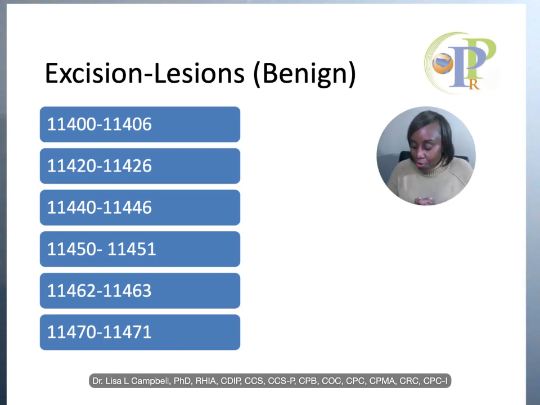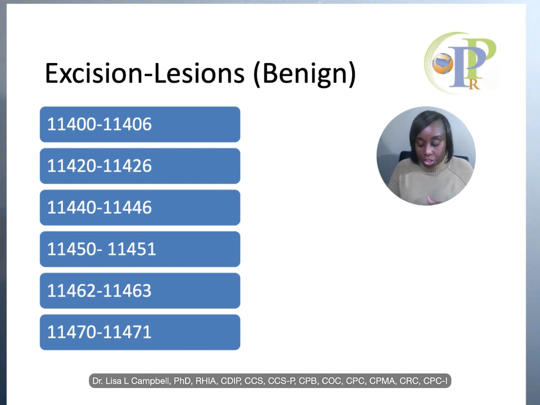Then, if you go over to page 99, there's another family for benign lesions, 11440, and that's for face, ears, eyelids, nose, lips, and mucous membrane. And so you gotta know this information so that you can arrive at your correct code, but that's not it. So the type, you have to know the type, you have to know the anatomic site. All right.